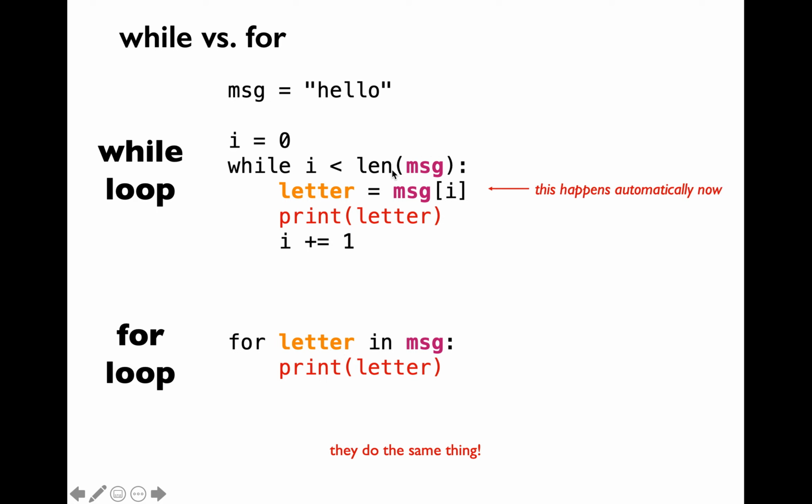Instead of using indexing explicitly like we did in the while loop, the for loop is going to do that automatically for us, and every character within the variable msg is going to get assigned into the variable letter.